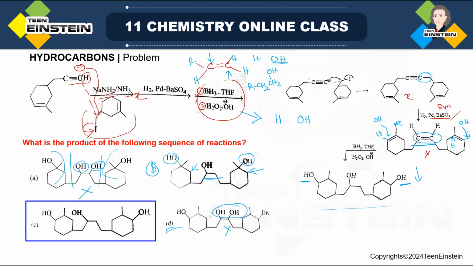Now in the molecule Y, there are a total of 3 double bonds present. For the middle double bond, it is symmetrical. The question of Markovnikov does not arise, but it is net addition of H and OH. And for the 2 rings, the C=C double bond is unsymmetrical, so you have to consider anti-Markovnikov. And accordingly, following all this, we reach the result, which is option C.